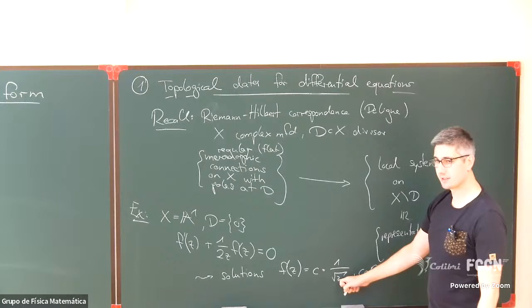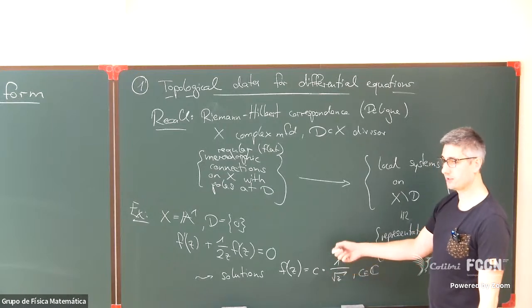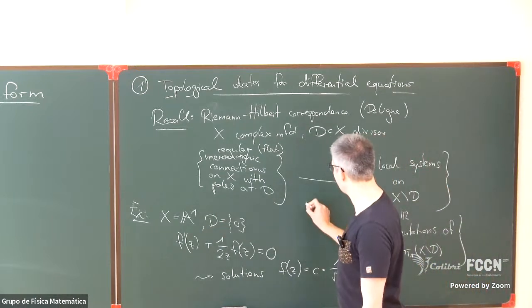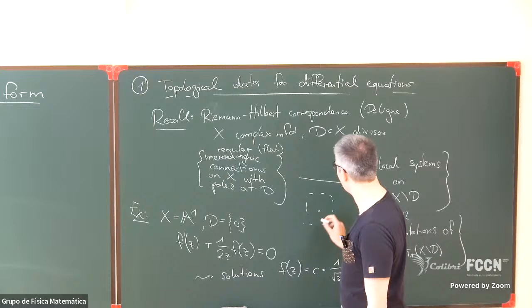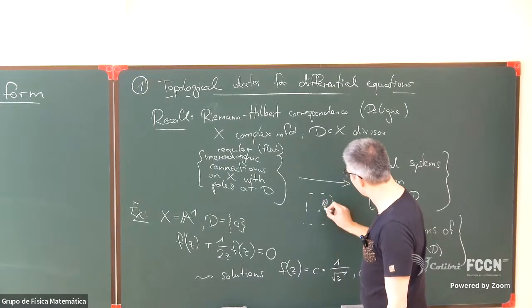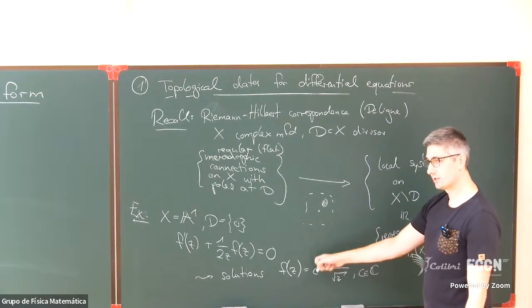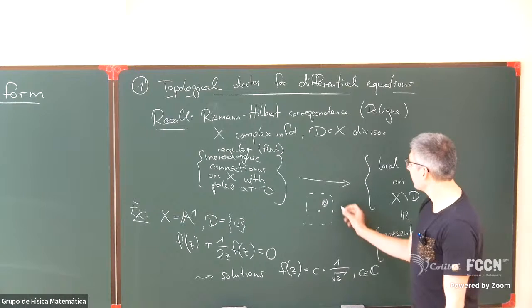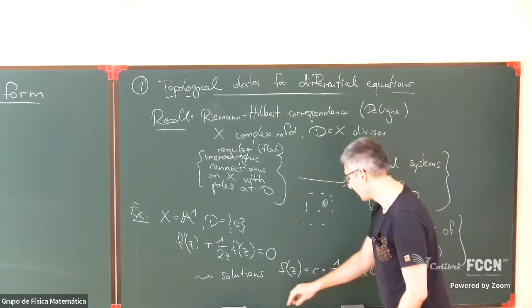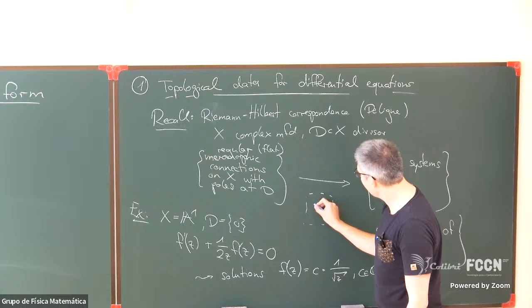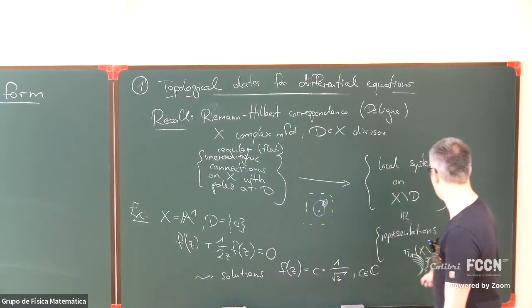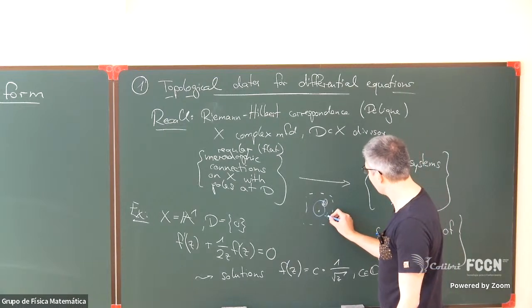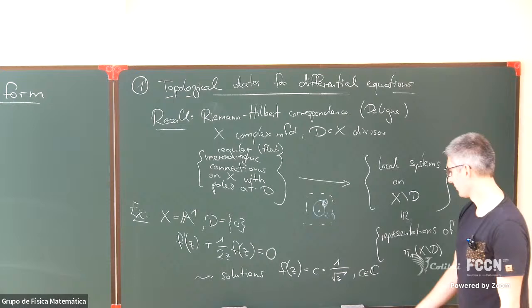Of course this expression doesn't make sense globally because the complex square root is not defined globally, but it means locally outside the origin. So this is the space I'm considering. And locally on a thing like this, I have a one-dimensional space of solutions because I can choose a branch of the logarithm, so this makes sense. Globally, I might not have any solutions, but I can describe what happens if I continue this analytically once around the generator of the fundamental group, and this would, in this case, lead to multiplication by -1.